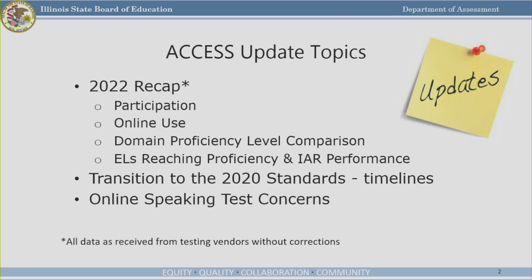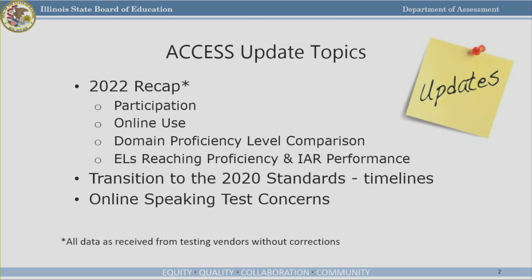I'll be talking about participation, the amount of online testing we're doing, and I'll look at a comparison of domain proficiency levels, and then talk a little bit about ELs reaching proficiency in the IAR.